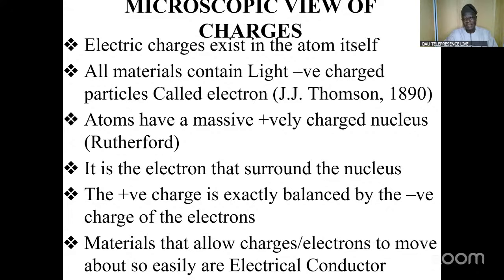Electric charges exist in the atom itself. So if you are asked, where can electric charges be found? You must know that the atom is one of the places in which the electric charge can be discovered. Then two, that all materials contain light. So light is what? Negative charged particles, which we call electrons.